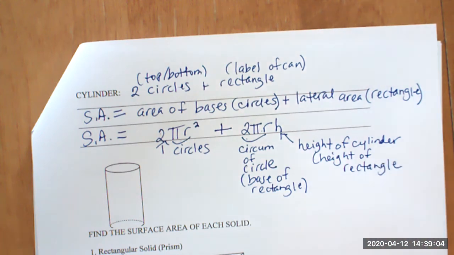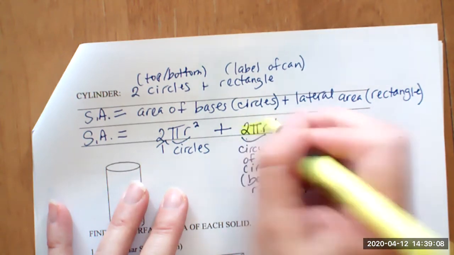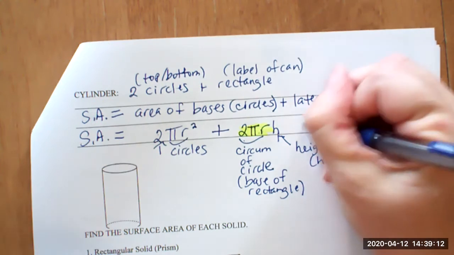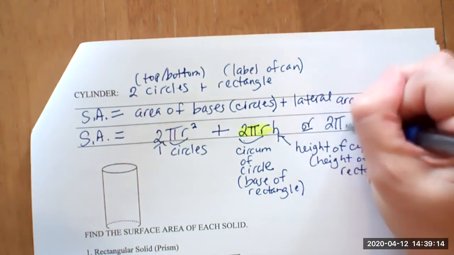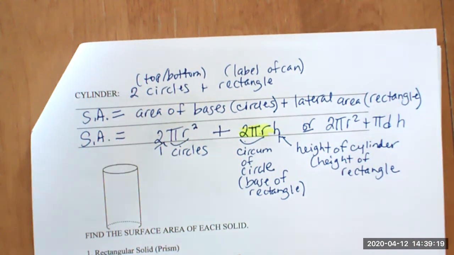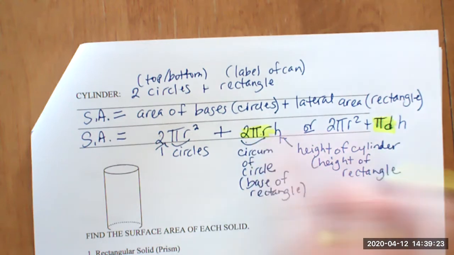Just remember, because circumference can also be written as pi d depending on the situation, we could also say 2 pi r squared plus pi times the diameter times h. Either way, whether we have radius or diameter, we're still going to get the same result.